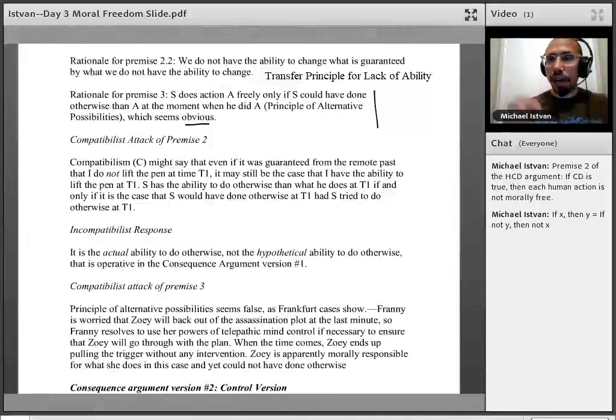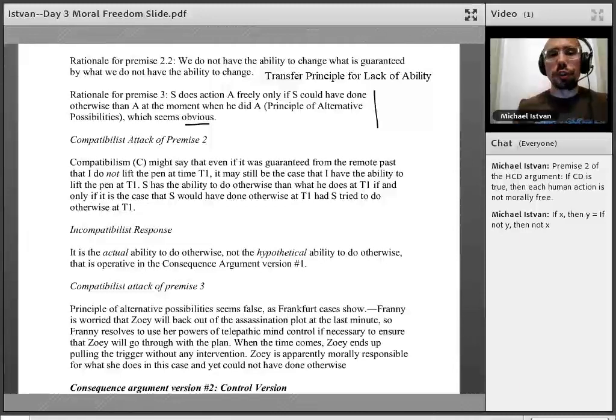Let's focus on the second way that I said it. When I say if X then Y, I'm saying Y is necessary for X. So what does that tell you? If you don't have Y, you don't have X. There you go. So that's why they're logically equivalent. Good. Now, why did I say that? Notice that the principle of alternative possibilities is the same thing as premise 3, only in the contrapositive form.